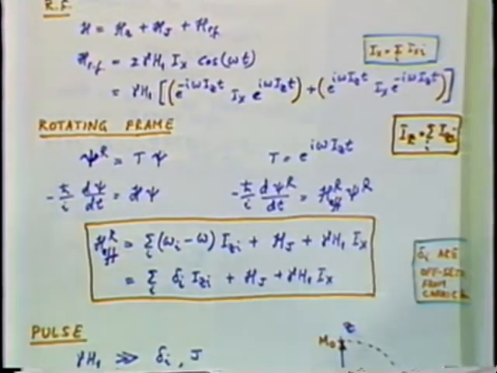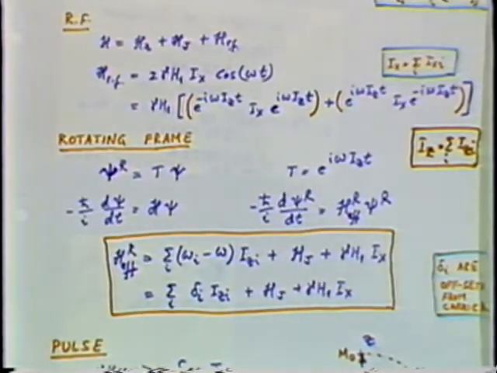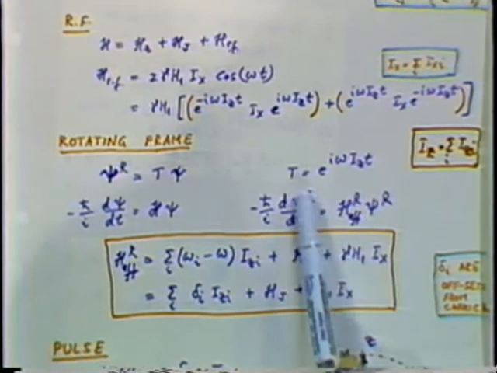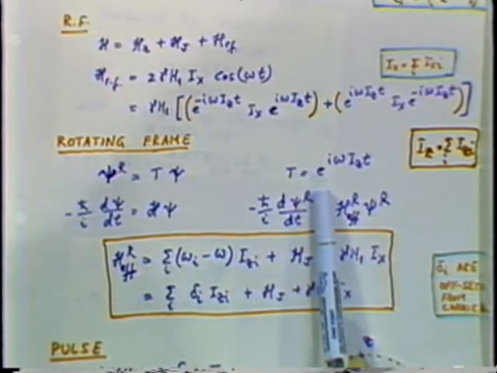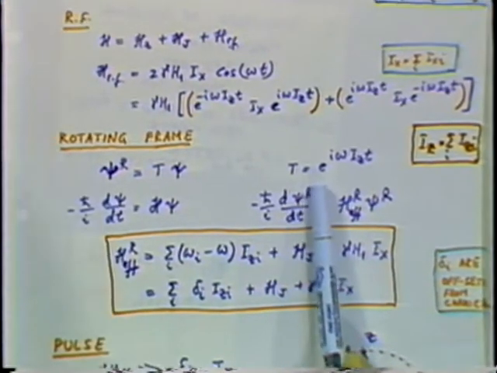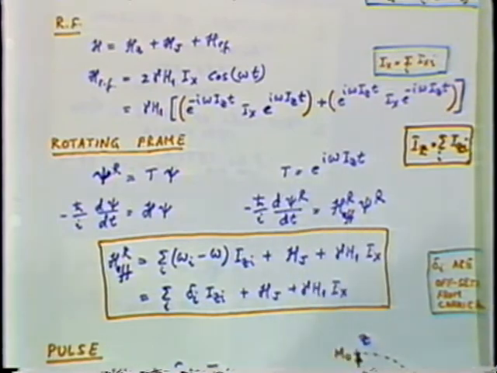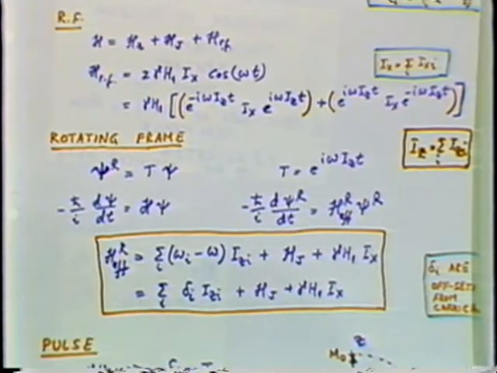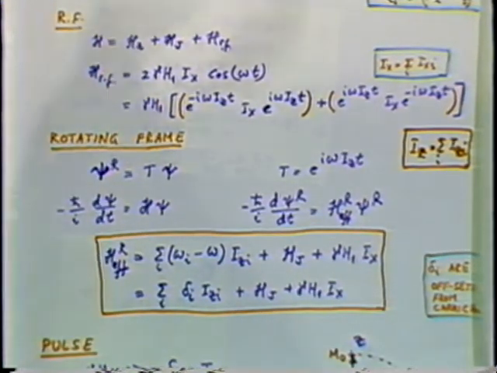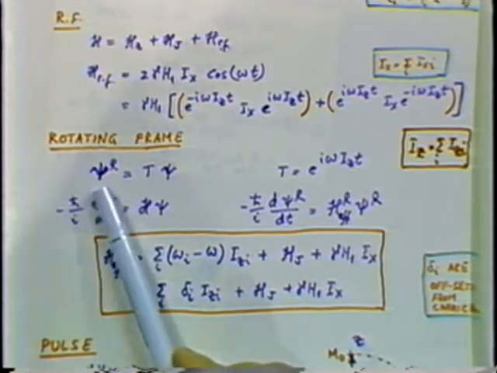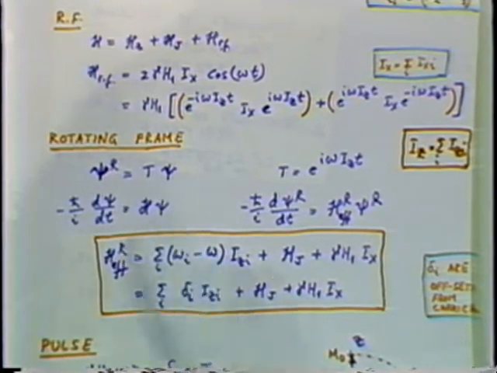Indeed, what we see as a signal in our oscilloscope after demodulation is what really happens in the rotating frame. The rotating frame can be described by a transformation operator, which is given by e to the i omega Iz t. And so your wave function in the rotating frame is given by T psi.